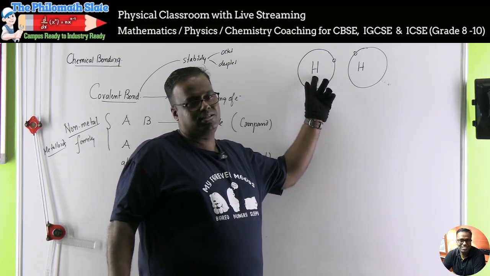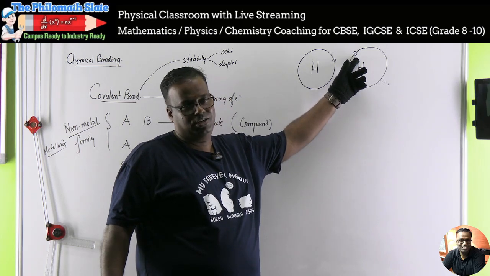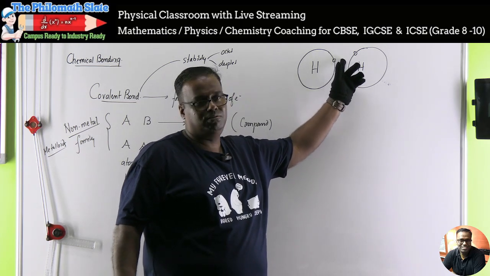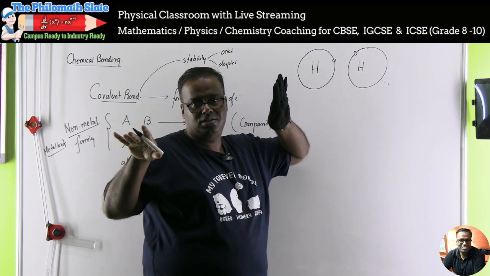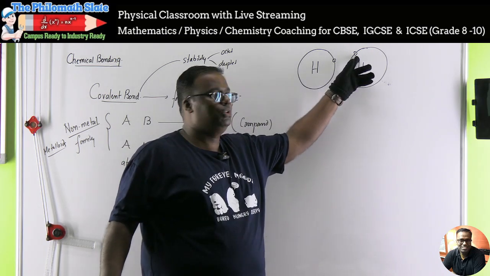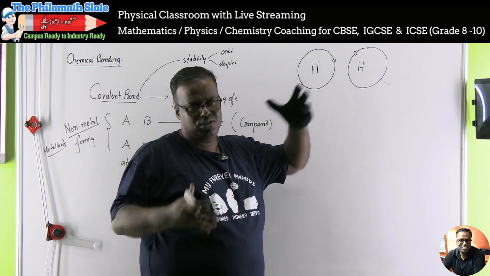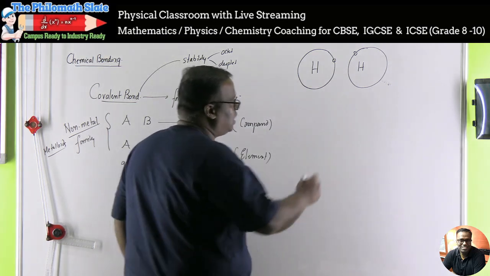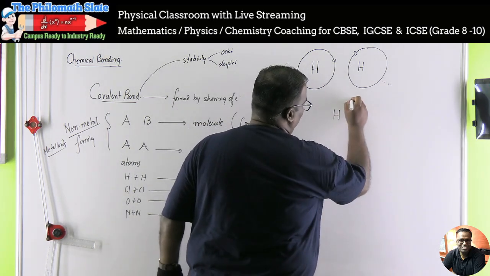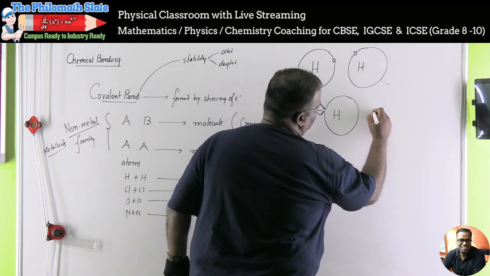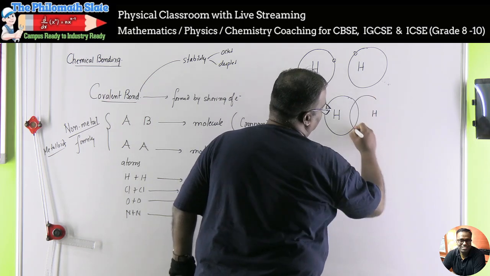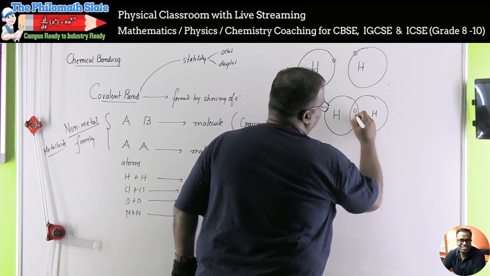This nucleus will try to pull this electron, and this nucleus will try to pull that one, and the two electrons have come here.